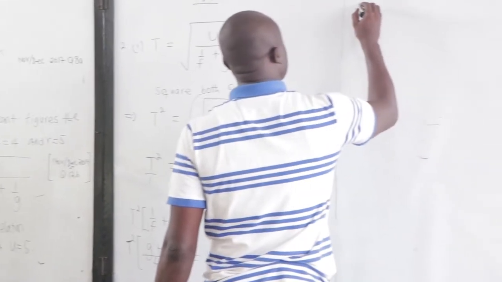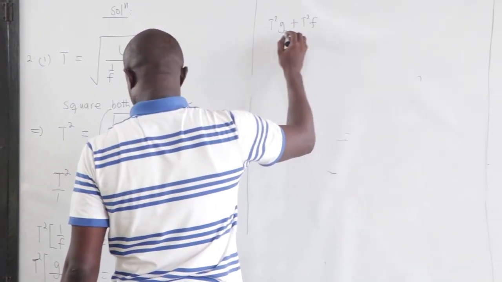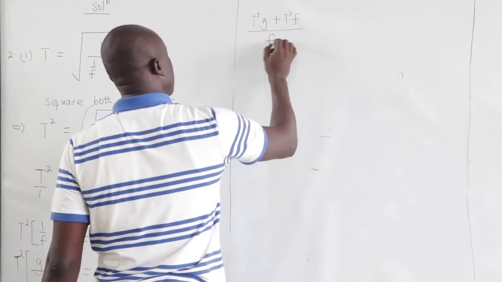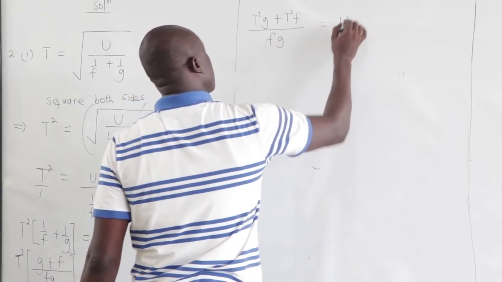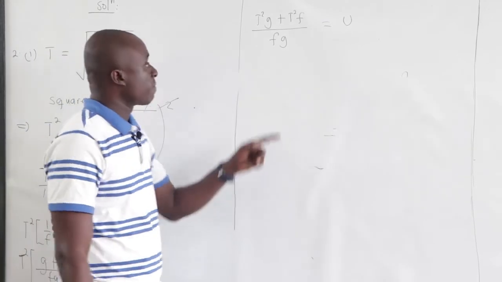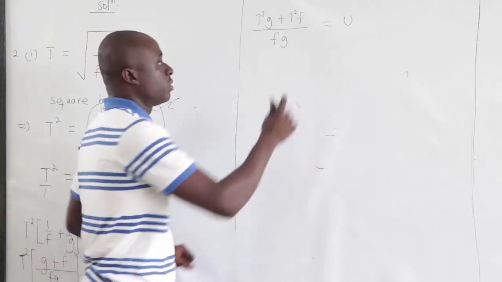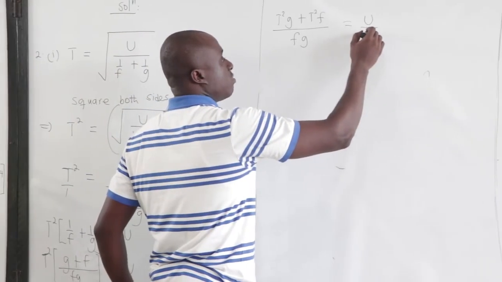So we have t squared j plus t squared f all over fj equal to u. We want to make j the subject. Now there's j here, there's j over there. So what can we do? We have to cross multiply. You know that u is the same as u over 1.